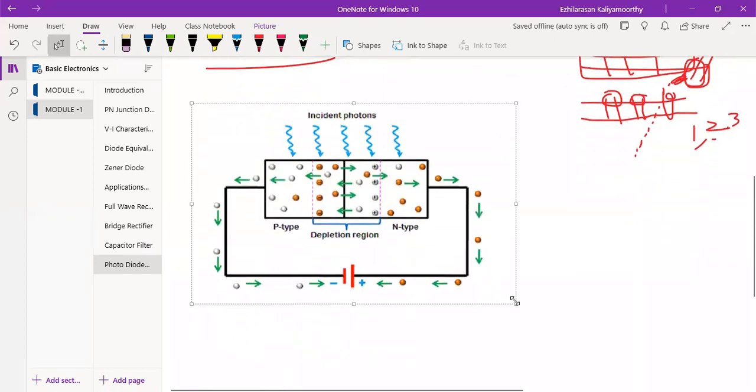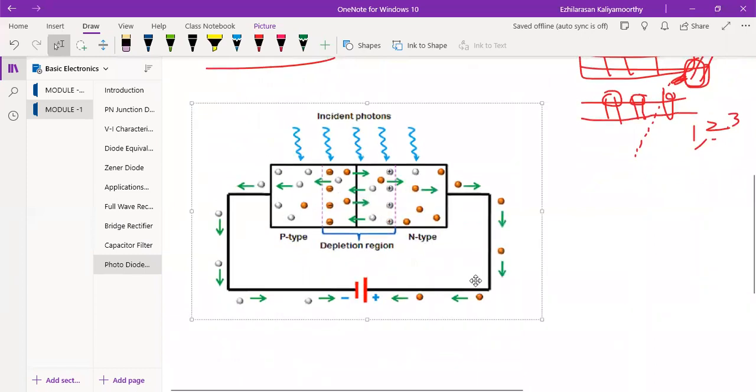Now you see this is the figure which shows the construction of the photodiode. In the normal PN junction diode, the voltage is used as the energy source to generate the electric current. Whereas in the photodiode, both the voltage as well as the light are used as energy sources to generate the electric current.